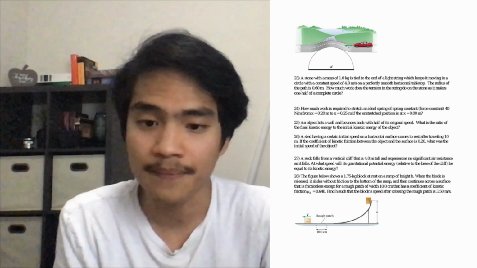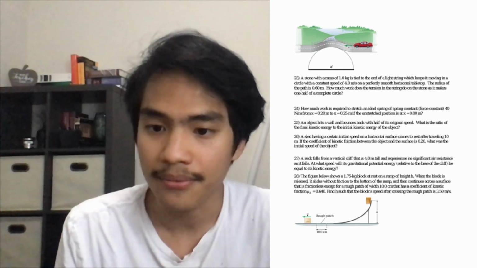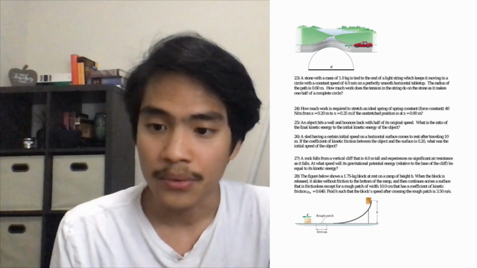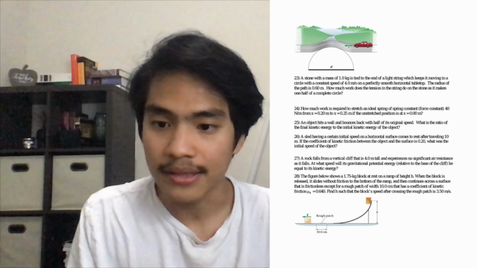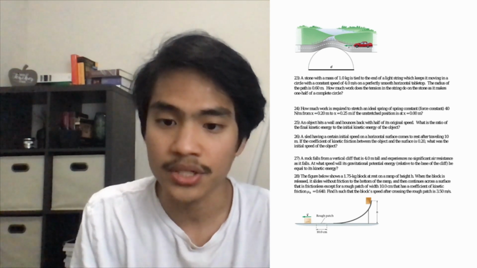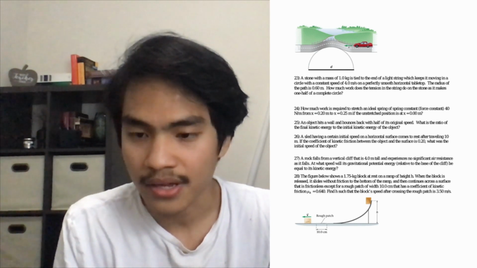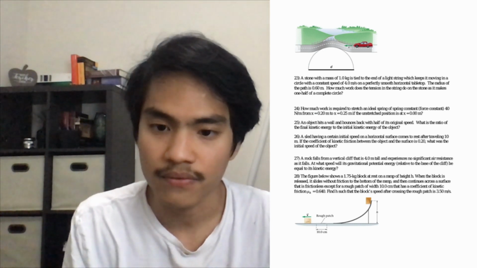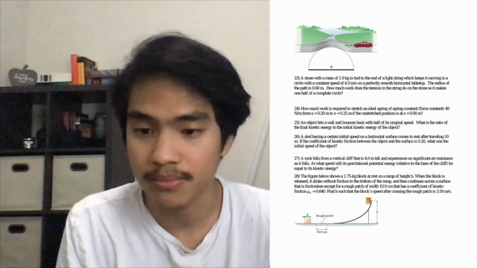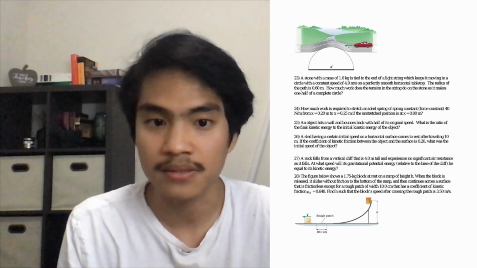All right, number 28. The figure below shows a 1.75 kilogram block at rest on a ramp of height h. When the block is released, it slides without friction to the bottom of the ramp and then continues across a surface that is frictionless, except for a rough patch with 10 centimeters that has a coefficient of kinetic friction uk of 0.64. Find h such that the block's speed after crossing the rough patch is 3.5 meters per second.